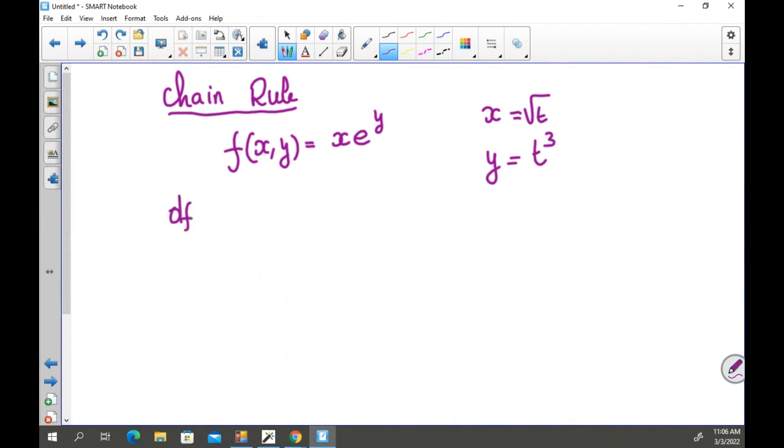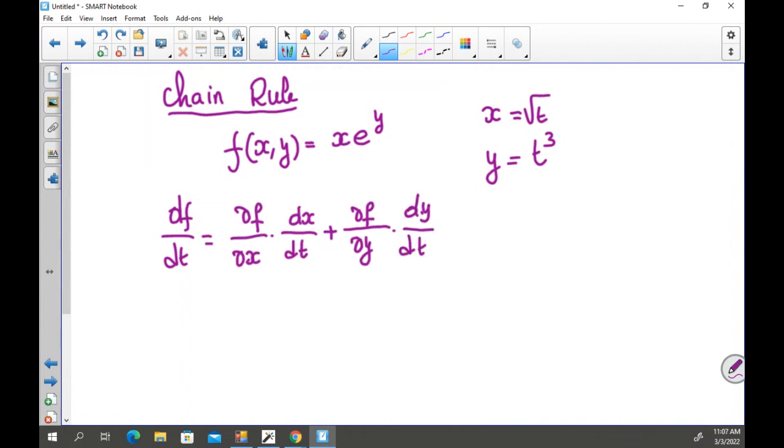Now, the derivative of f with respect to t, by the chain rule, let me remind you how we get this. It's df over dx multiplied by dx over dt plus df over dy multiplied by dy over dt.